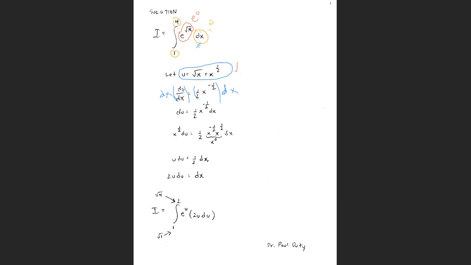And then, of course, the dx's simplify. And so du is 1/2 times x to the negative half dx.